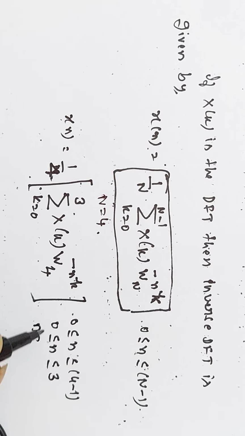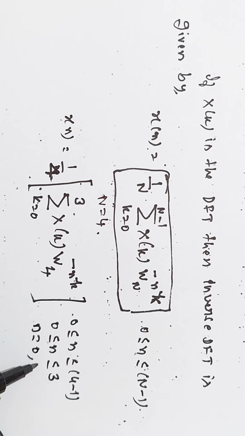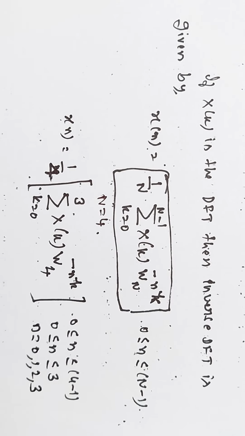That is, n can have 4 values: 0, 1, 2 and 3.